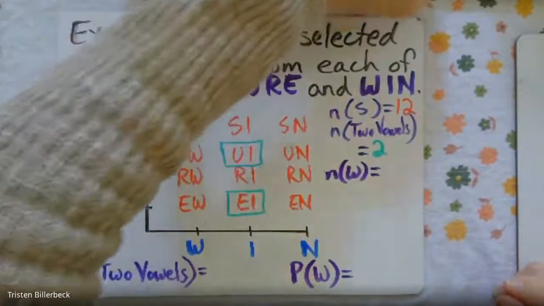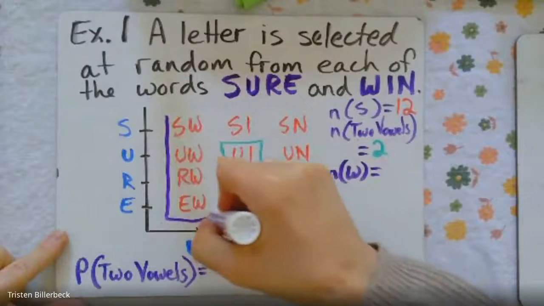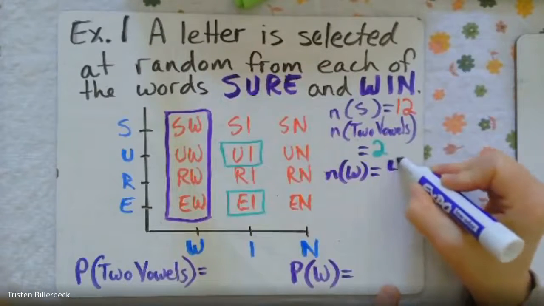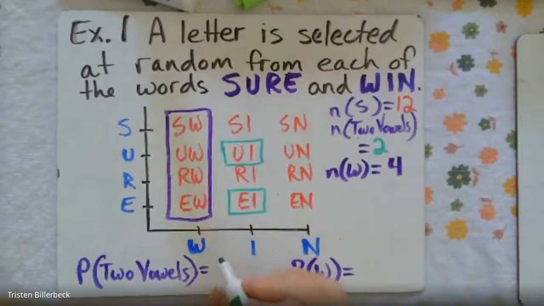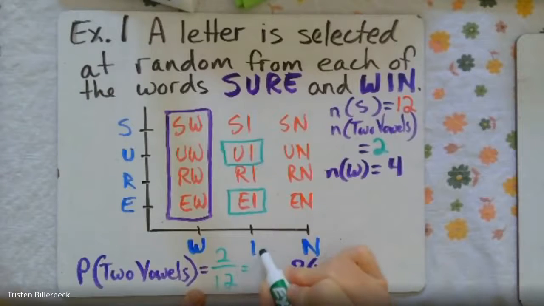Let's use purple. Okay, so this whole column has a W. So we're going to write that. The W is 4. When we look at what the probability of two vowels would be, that's going to be this number, 2 over the sample space 12, which reduces to 1/6.